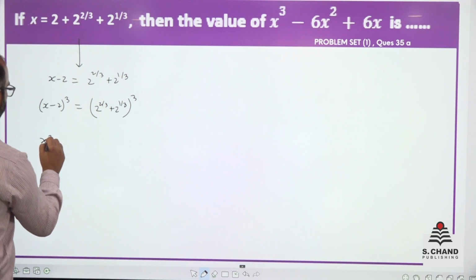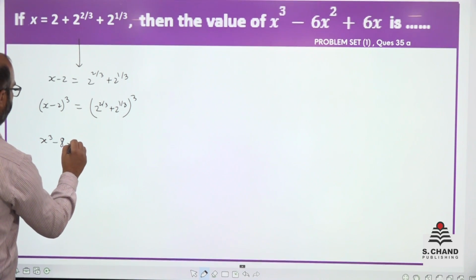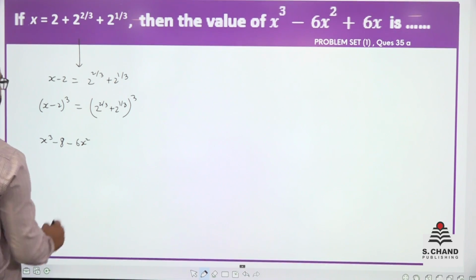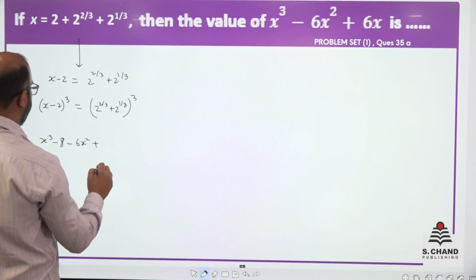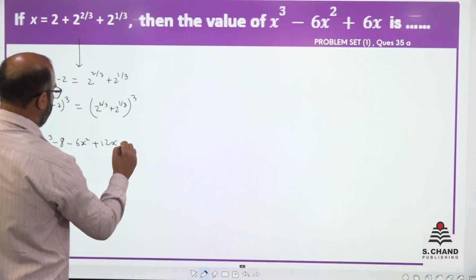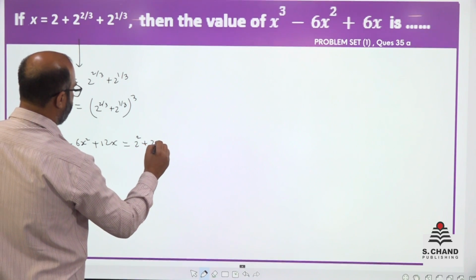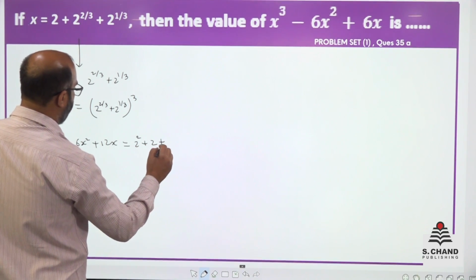This will be a cube plus b cube plus 3a square b plus 3ab square. So x cube minus 6x square plus 12x minus 8 is equal to a cube plus b cube plus 3a square b plus 3ab square.